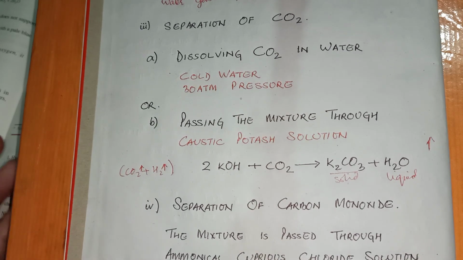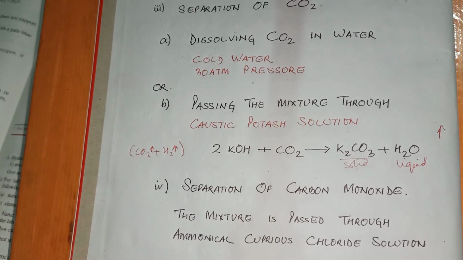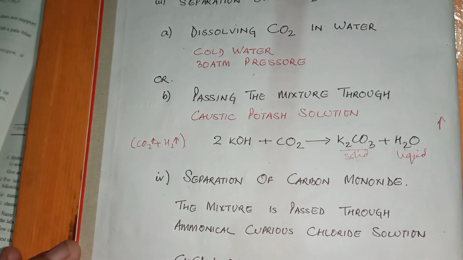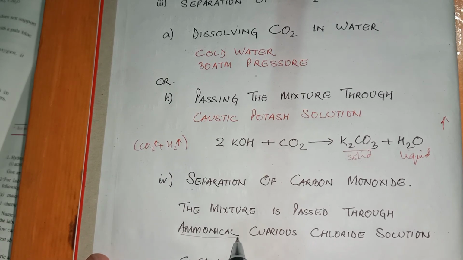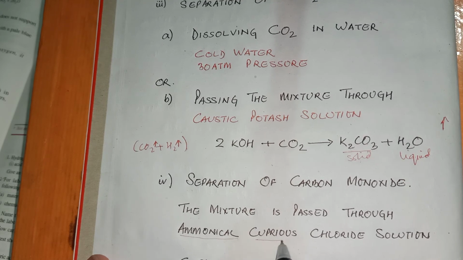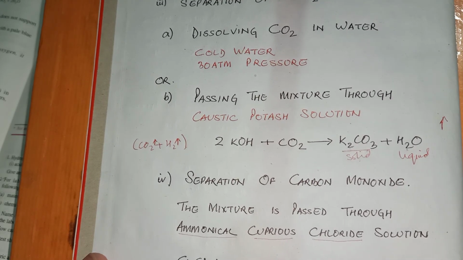Now, to separate carbon monoxide from the mixture, what do we need to do? We need to pass the mixture of carbon monoxide and hydrogen through ammoniacal cuprous chloride solution. Ammoniacal means containing ammonia, cuprous means containing copper, and chloride means chlorine.